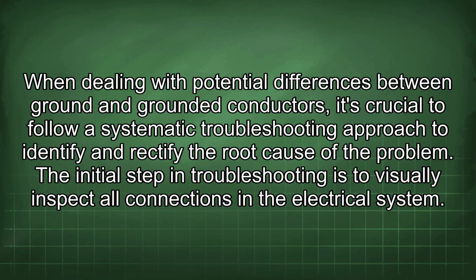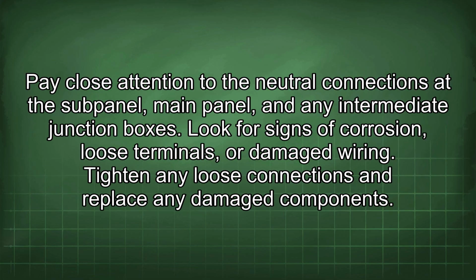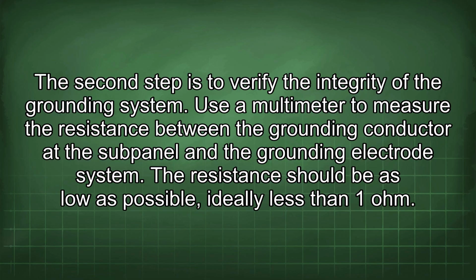The initial step in troubleshooting is to visually inspect all connections in the electrical system. Pay close attention to the neutral connections at the subpanel, main panel, and any intermediate junction boxes. Look for signs of corrosion, loose terminals, or damaged wiring. Tighten any loose connections and replace any damaged components. The second step is to verify the integrity of the grounding system.